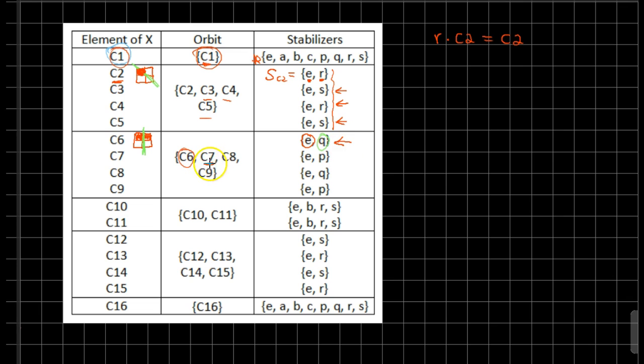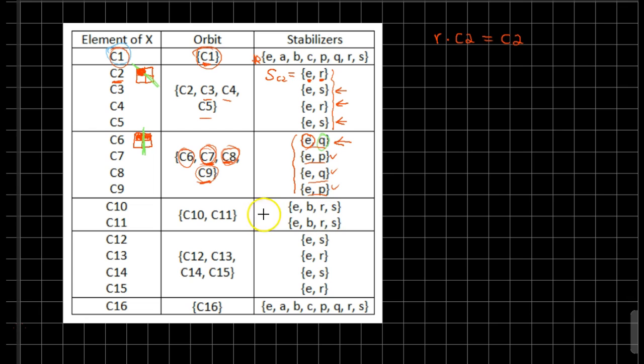In a similar way, we can find the group symmetries that will leave these colorings C7, C8, and C9 fixed as well. And again, we just observe the same thing here. Each one has 2 group actions, group members, which leave these individual elements fixed.